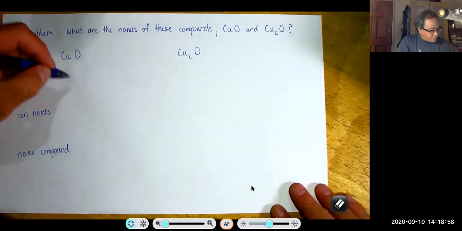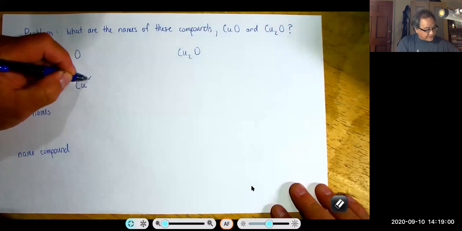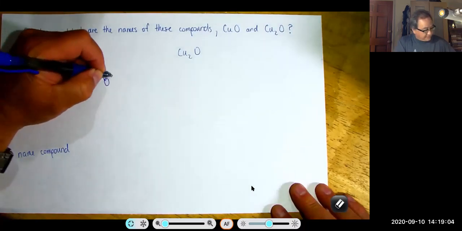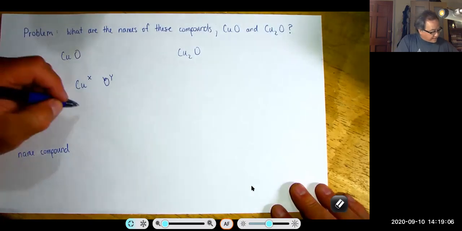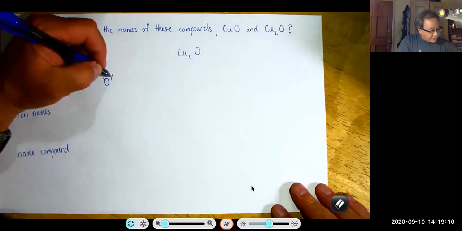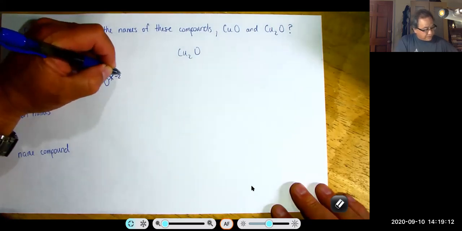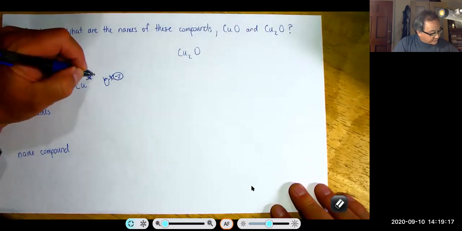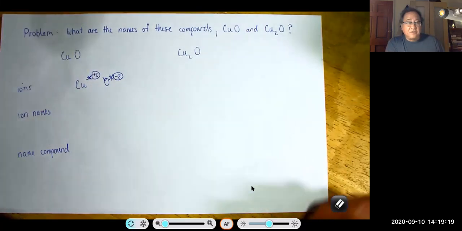So for this one, we've got 1 copper, I'm going to put an X here, and we've got 1 oxygen, I'm going to put a Y here. We know that the oxygen is going to be a -2 because of where it is on the periodic table. And therefore, the copper has to be a +2. All right?